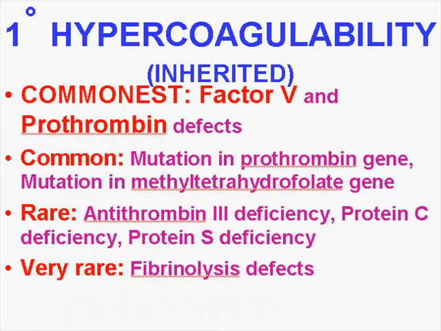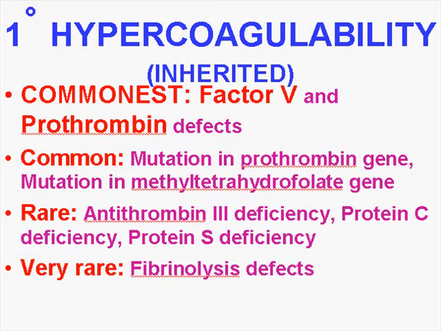If you look at some of the inherited hypercoagulability factors, the single most common is a genetic deficiency of factor V. If you have a board question, I promise not to talk about the boards because I have contempt for them.